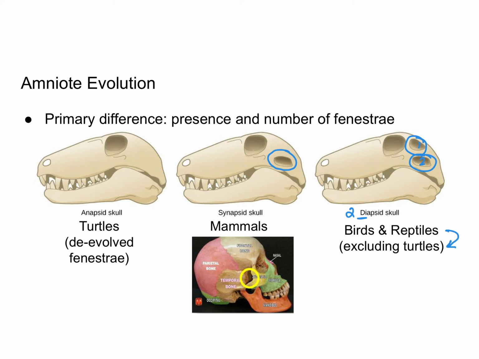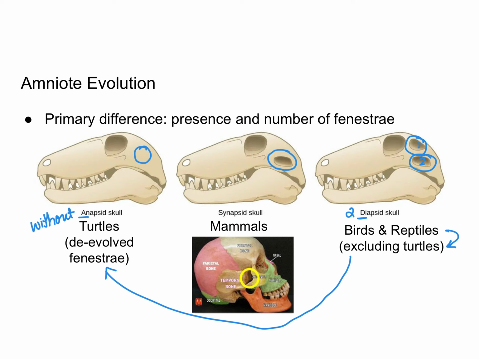Turtles are actually classified as anapsid, and a means without, because you notice they are missing that fenestra. It's believed, however, that the fenestrae actually de-evolved, meaning that their ancestors probably had a fenestra, but the turtles eventually lost that hole in their skull.